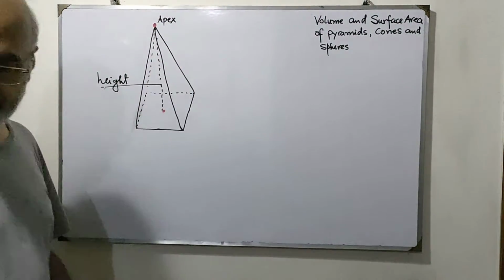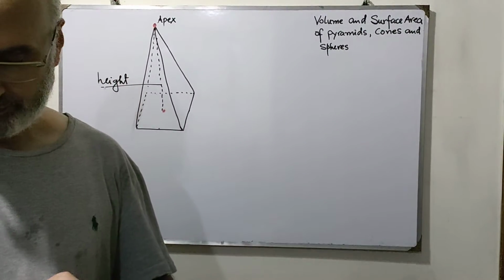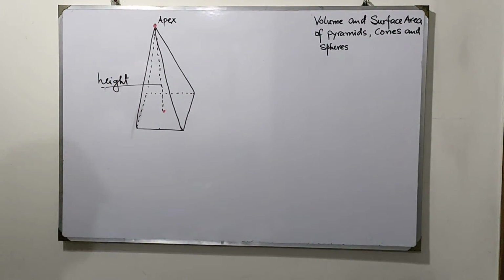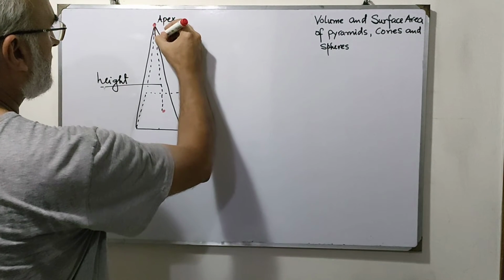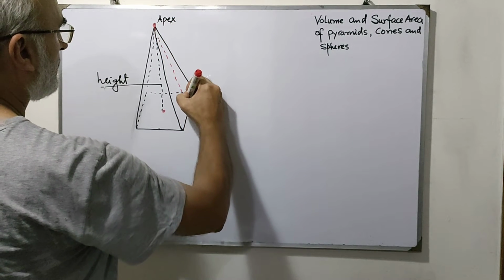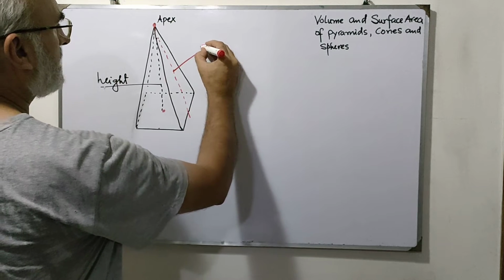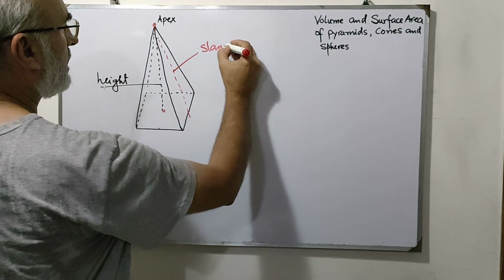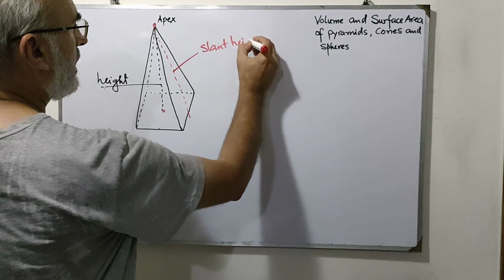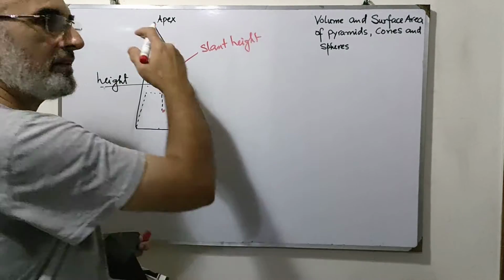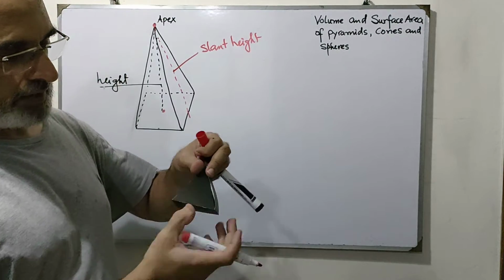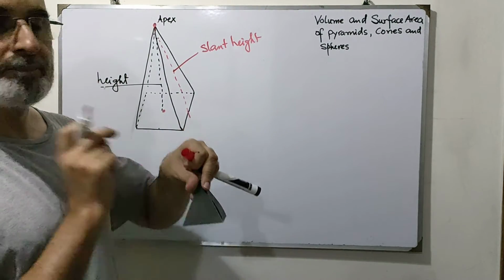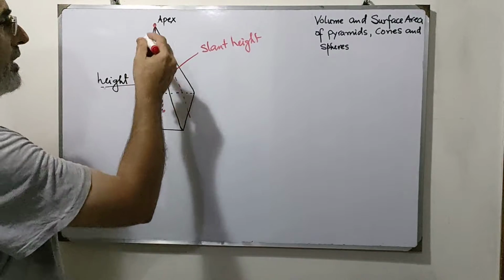And this, from base to the apex, this thing, now this is known as slant height. Slant because the face is slanted, and the height of this triangular face, right? Now we have three things.